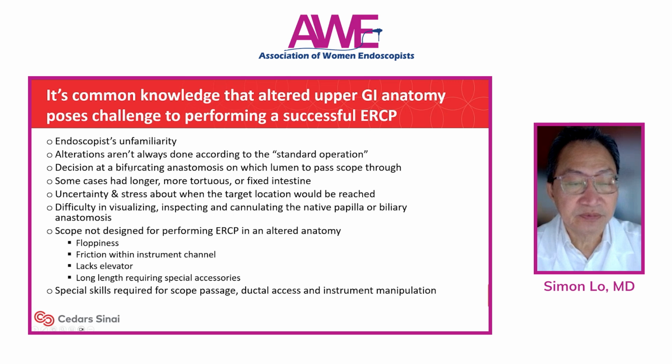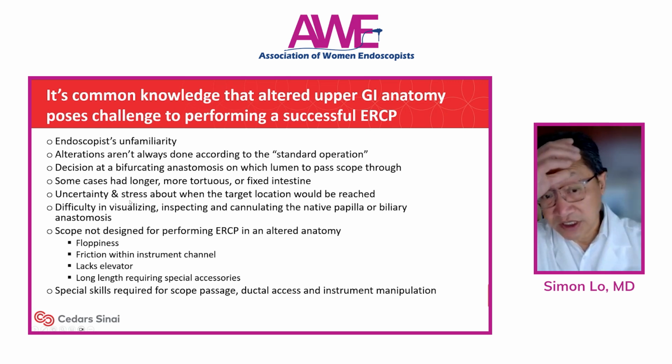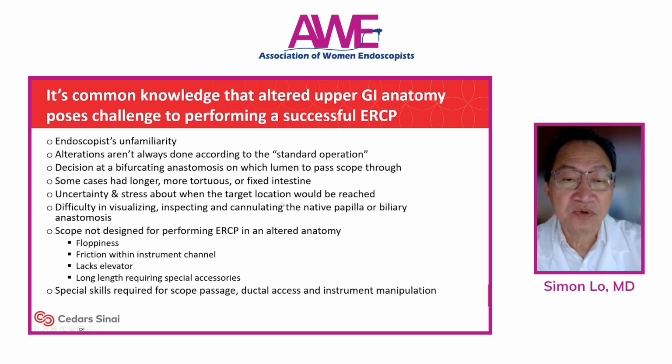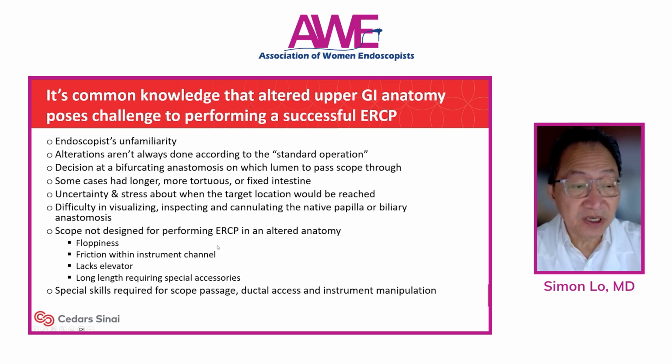The decision of navigating through the bifurcation of the anastomosis is difficult. Some cases have a much longer, more tortuous, and fixed intestine than others. And there's uncertainty about whether you will reach the target location, and difficulty with visualization of the papilla.